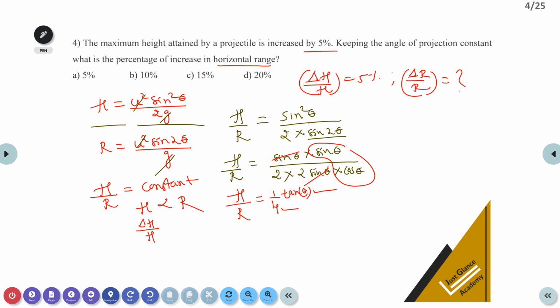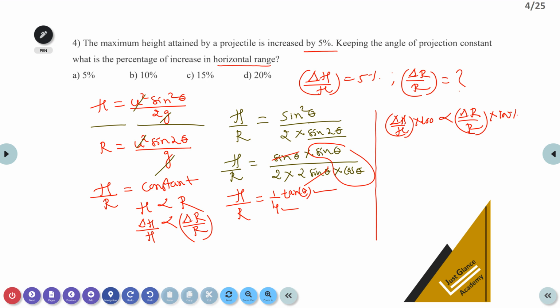Delta h by h is directly proportional to delta r divided by r. Then again multiply by 100, that is okay. Delta h by h into 100 is directly proportional to delta r by r into 100%.